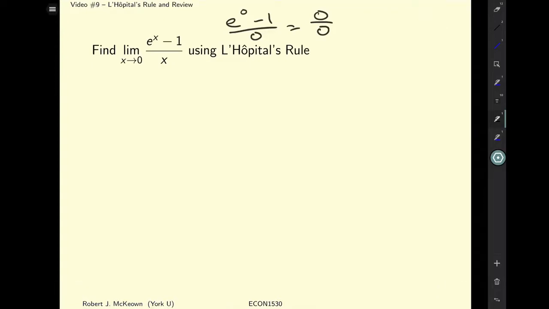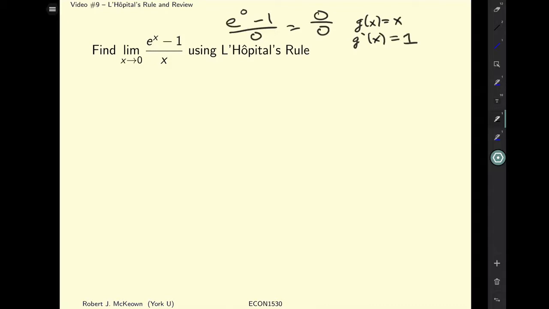And also notice that the derivative of the denominator is non-zero. So according to L'Hopital's rule, we should be able to find this limit using L'Hopital's rule.